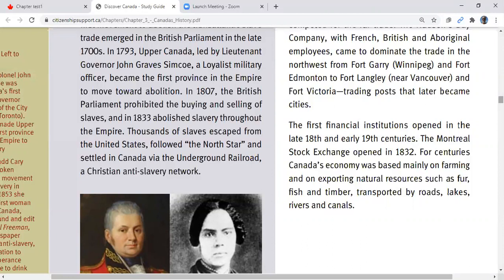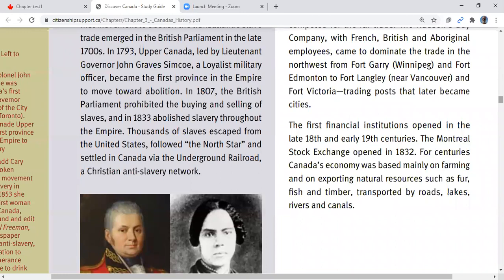And then it says for centuries, for hundreds of years, Canada's economy, so the way people made money, was mostly farming and then exporting. Exporting means to take what you have and sell it to other countries away from your country. That's exporting natural resources such as fur, so beaver fur, fish, and timber.